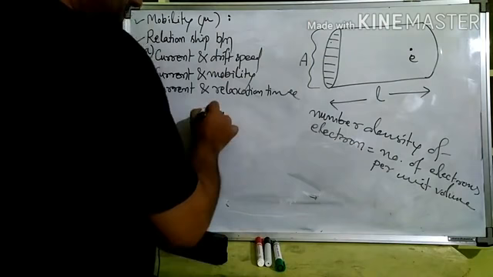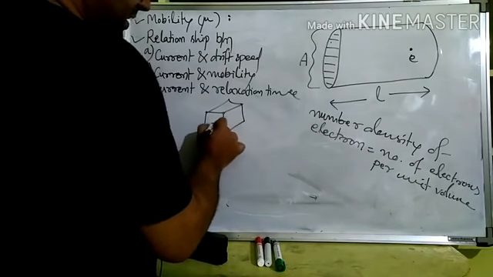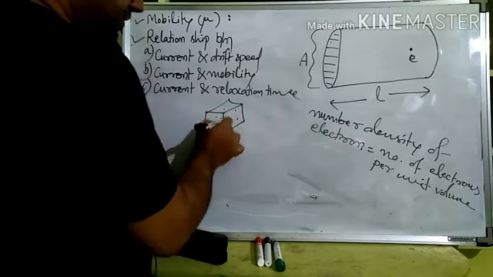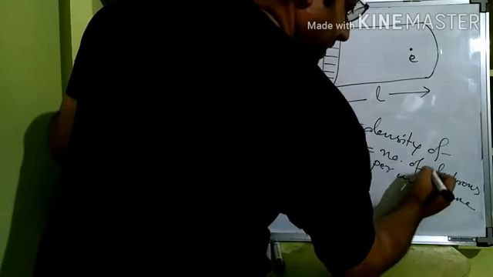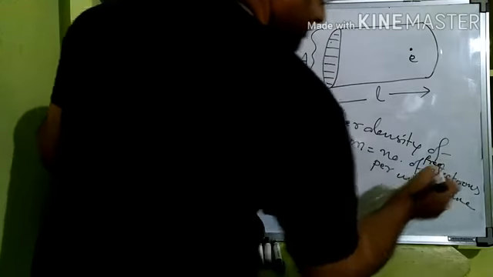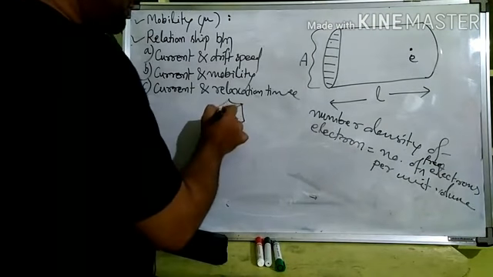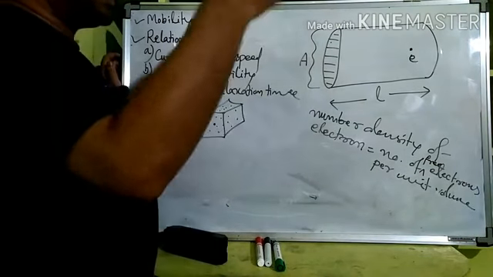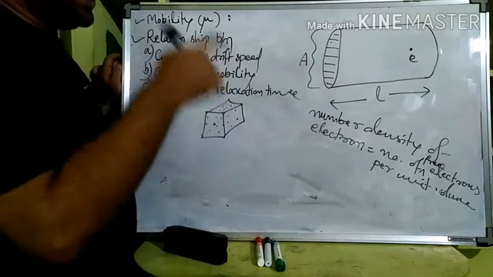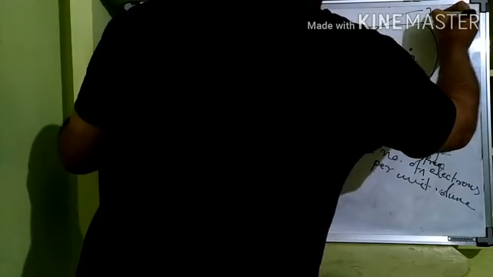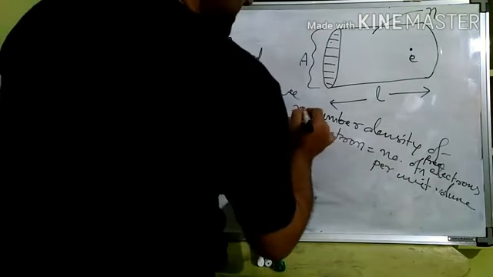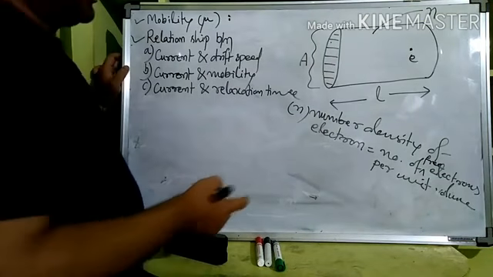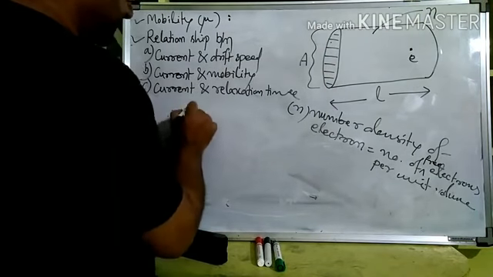Per unit volume of the material, how many electrons are present? That number of free electrons per unit volume of a conductor is called the number density of that conductor. Let us say the number density of the conductor we are discussing is N. N is the number density. Okay. What is the total number of electrons?